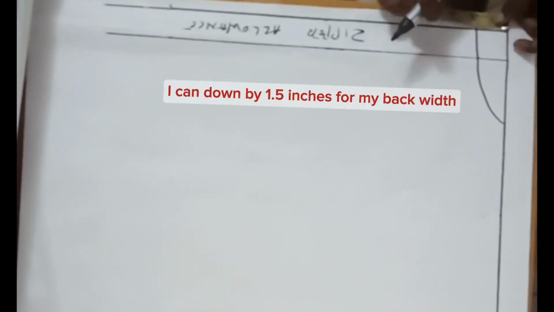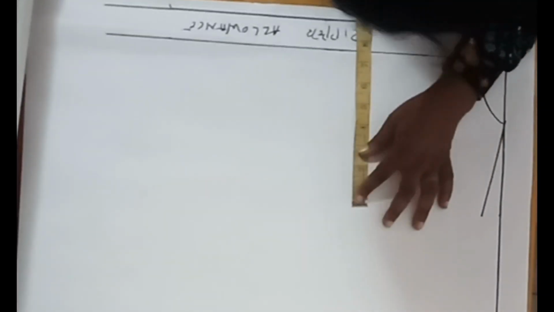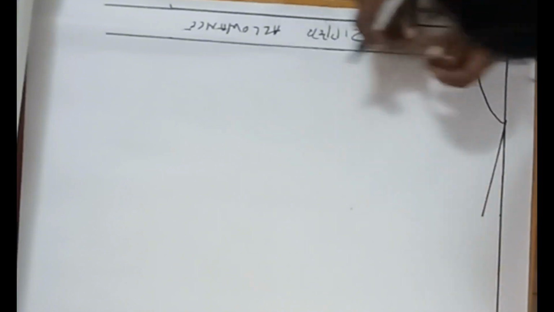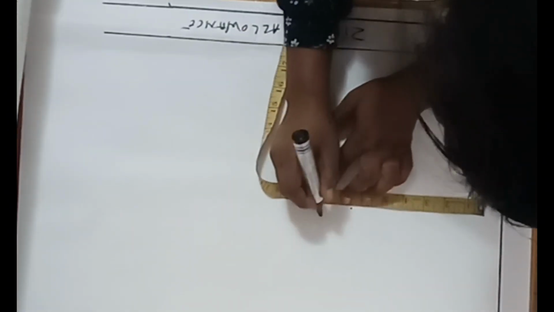I'm just taking every measurement we took on the basic front bodice. Everything must connect back to your zipper allowance, as you can see. I didn't stop my neckline at the center front before the zipper allowance. I'm just taking all the measurements in order for this video not to be too long.